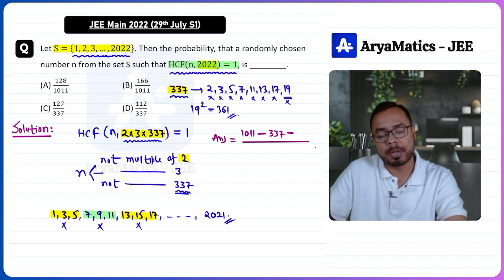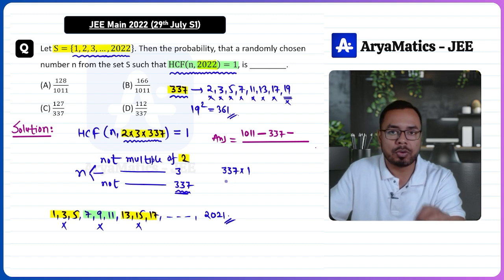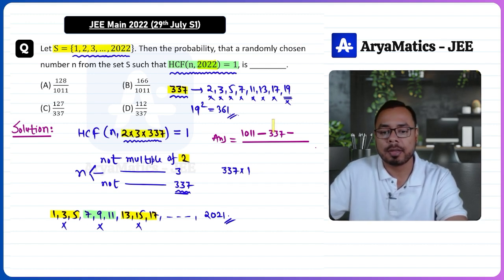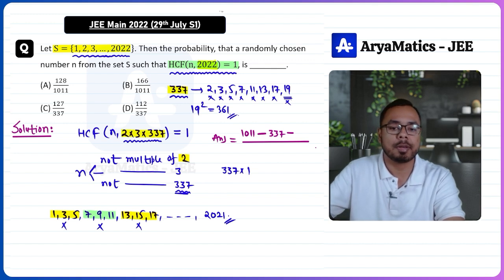So now let us count how many multiples of 337 are there. Obviously one number will be 337 into 1, that is present in this series. We are writing only odd numbers, so 337 into 2 is not there. 337 into 3 we have removed with the multiples of 3, right? Here, these 337 numbers which are multiples of 3 will include 337 into 3.